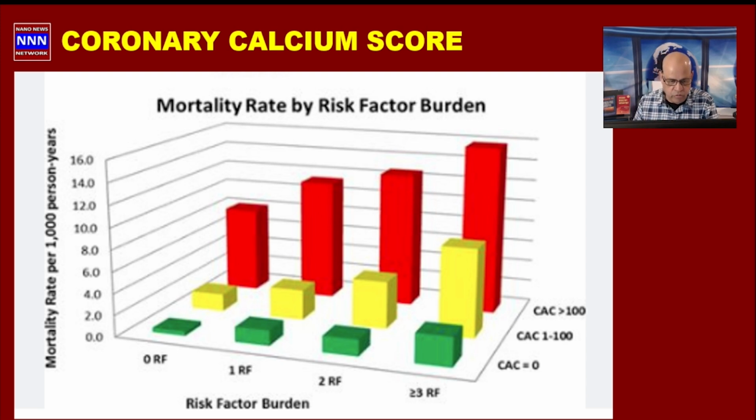So if someone has no risk factors, then this is a low incidence of mortality. The calcium score is 0. On the other extreme, if someone has a calcium score of more than 100 and 2 or more risk factors, their risk goes up to 14% per 1,000 person years.